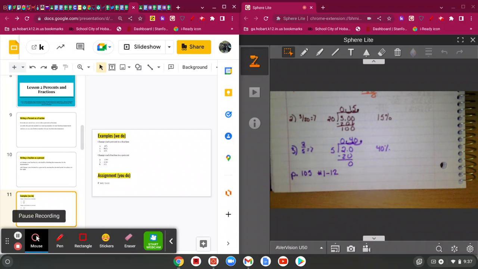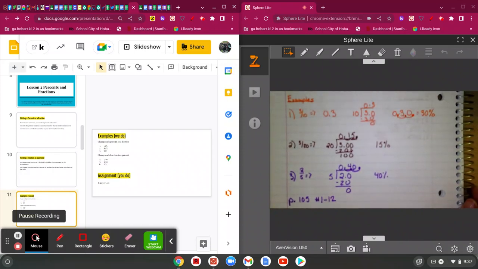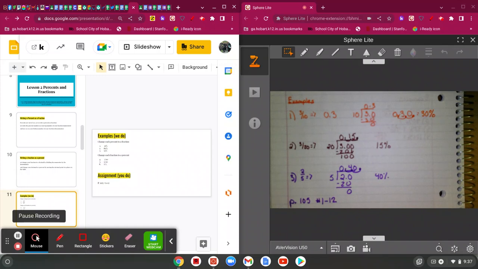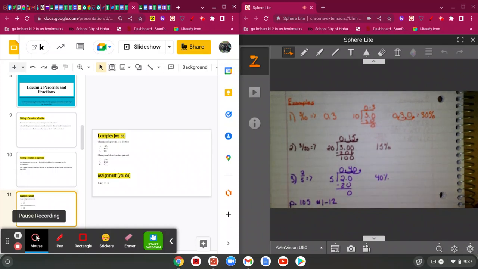So you will take a picture of these notes and upload it to the assignment in Canvas, and then you will work on page 105, numbers 1 through 12. Then check the announcements to find out what else you need to do for today, or look at the agenda for 9:30 today, Friday.